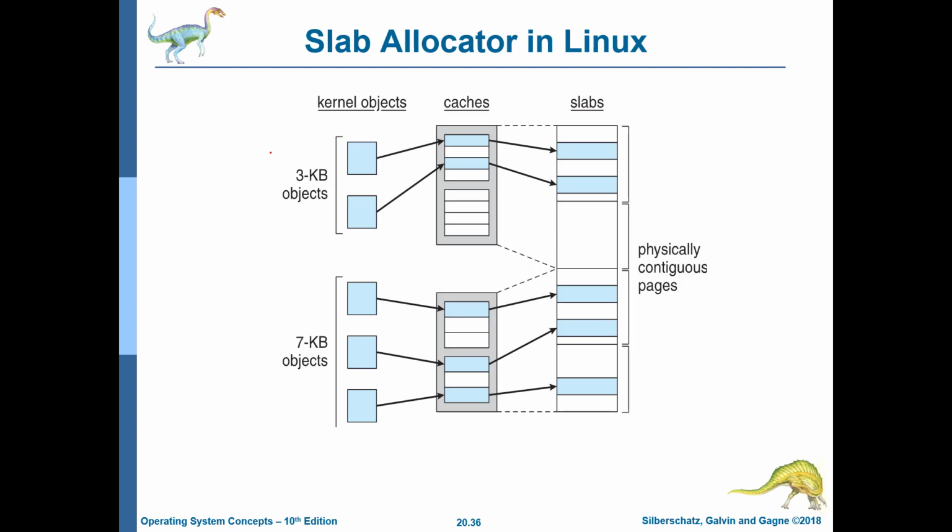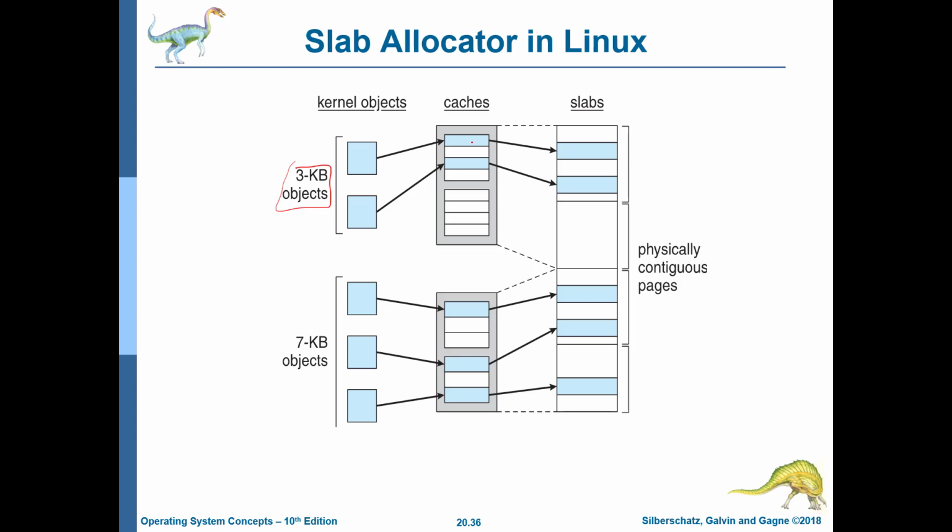They could be file system objects, specialized entries for networking objects, or for process control and so on. It doesn't matter. The only thing that matters for a slab allocator is the size of the object. If we are talking of 3 KB kernel objects, the critical structure here is a cache, where we have a separate cache for a separate object type.